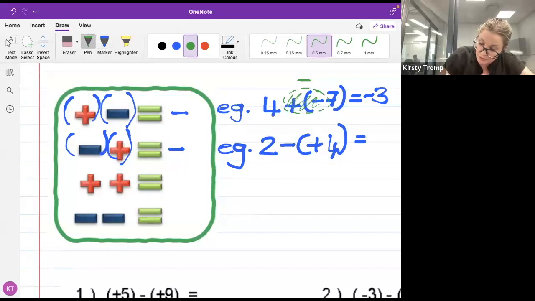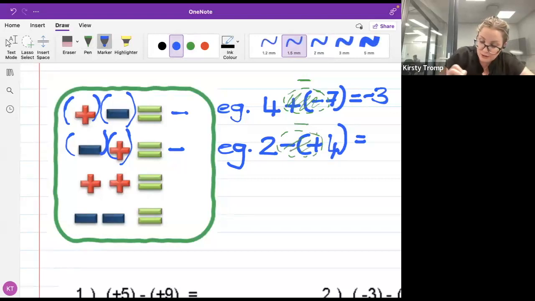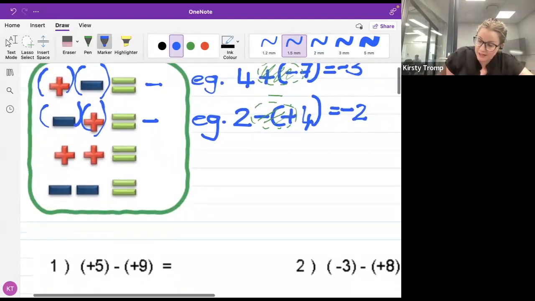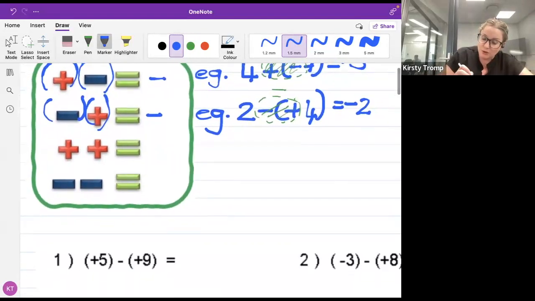I'm going to put a circle. I see a negative and a positive. I'm going to cross those out and get a negative. 2 minus 4 is going to give me -2. How did I get those answers? Guys, go back and have a look at that lesson when we used number lines to work out our answers, and practice with your number lines.